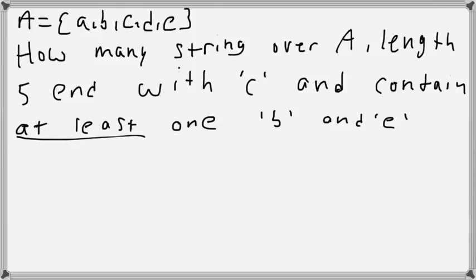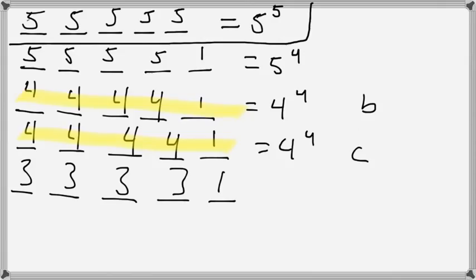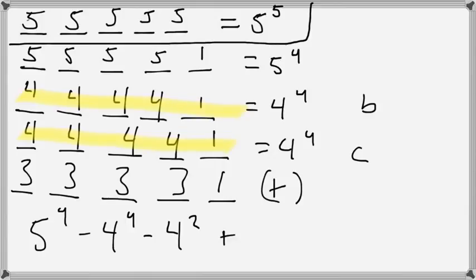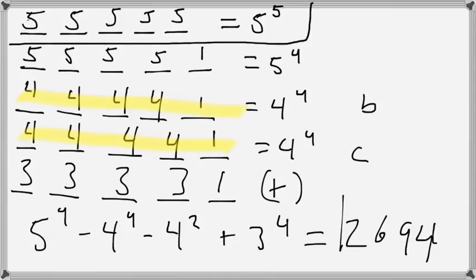When you have at least one B and one C, you're going to subtract the set of language of just B and E, and you're going to add something back. So our answer is 5 to the 4th minus 4 to the 4th minus 4 to the 4th, and we're going to add this plus 3 to the 4th. Your answer is 2,694. And that is your answer.